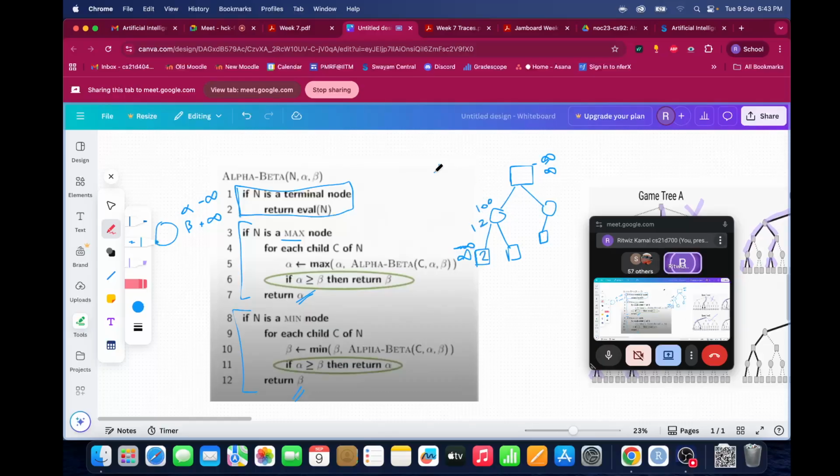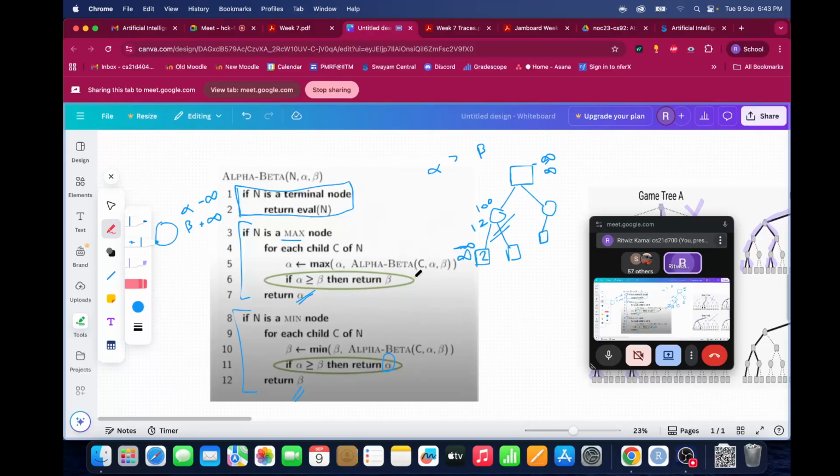Here alpha is greater than beta for this particular node, right? So then it will return the beta value, not the alpha value. And oh, this is the min node, so it will return an alpha value, not the usual beta value that it returns, and it will cut off the rest of the subtree associated with it.